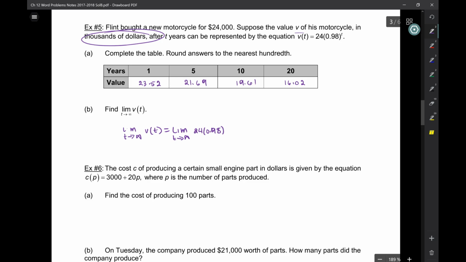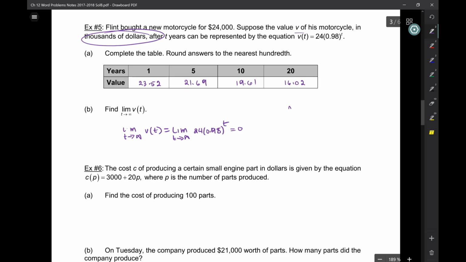So, 0.98, a decimal less than 1, to a higher power is going to get less and less and less towards 0, and something that's almost 0 times the number is still almost 0, so that's going to be 0.